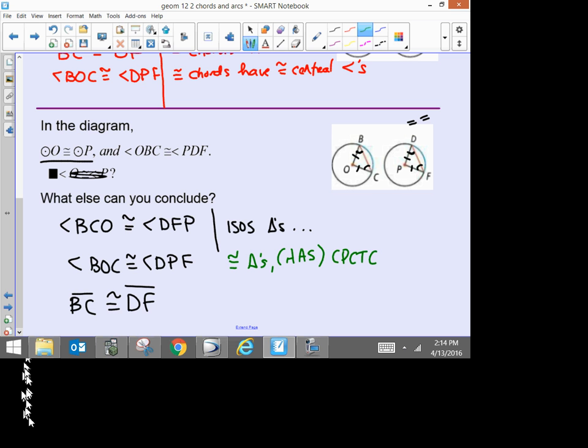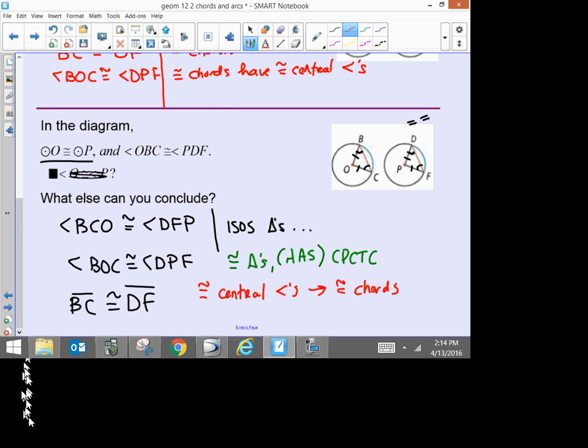Now the central angles give us the chords. Congruent central angles give us congruent chords. What else?